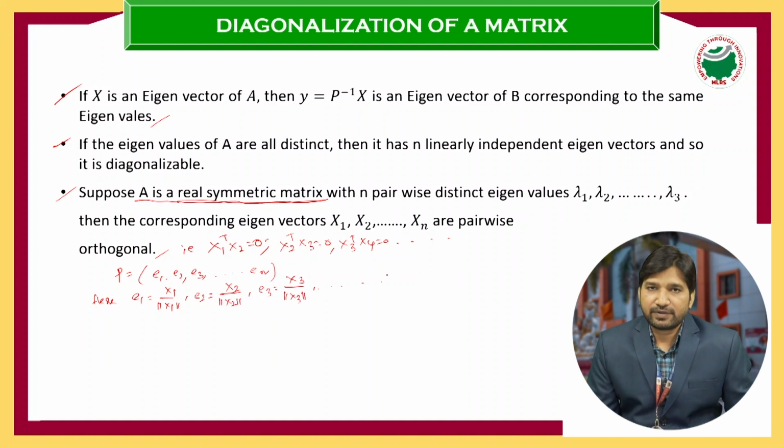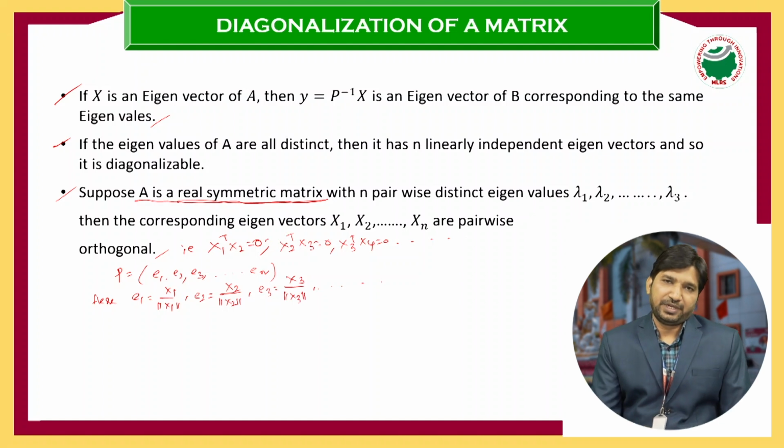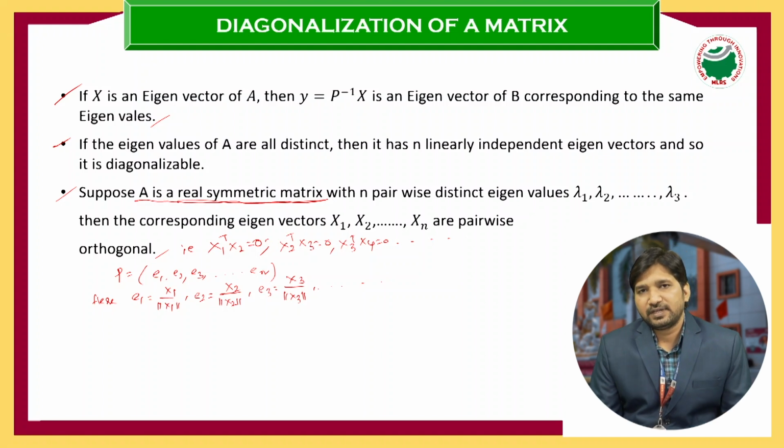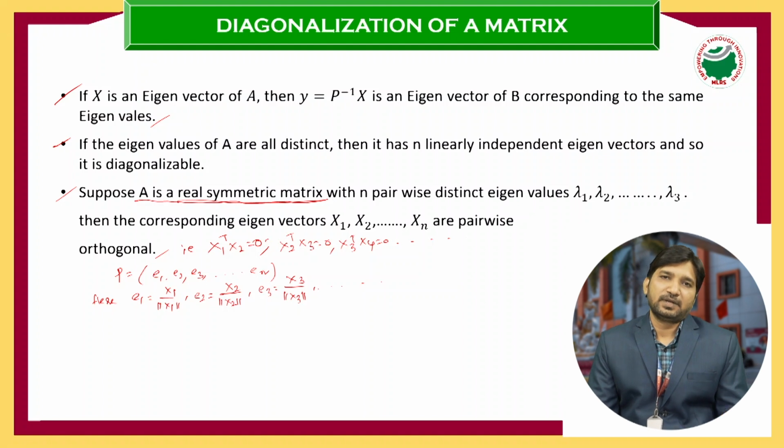That is the E1, E2, E3 and so on up to En. Okay, E1, E2, E3 are also pairwise orthogonal. That means the multiplication of any two vectors Ei into Ej equal to 0. That is the pairwise orthogonal.